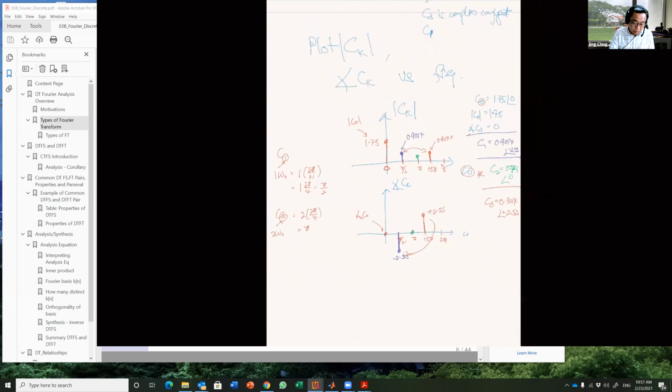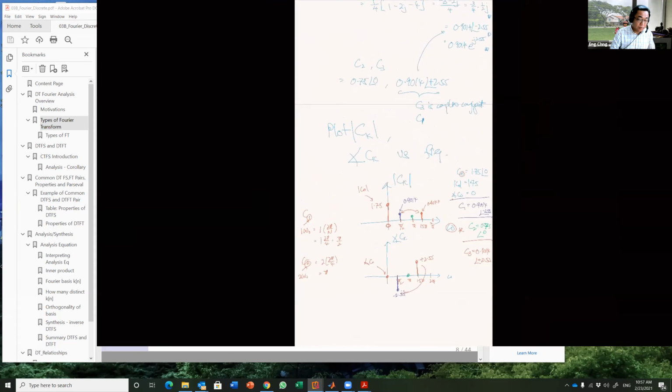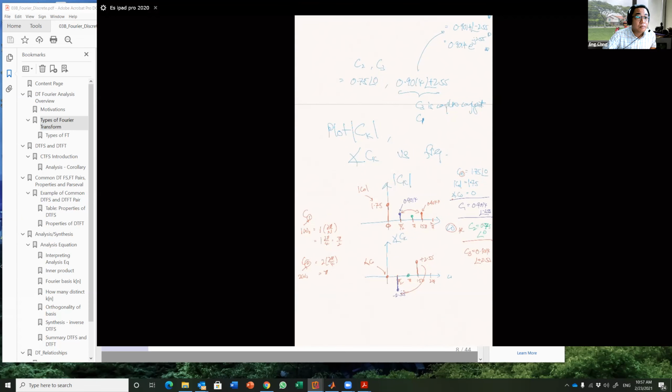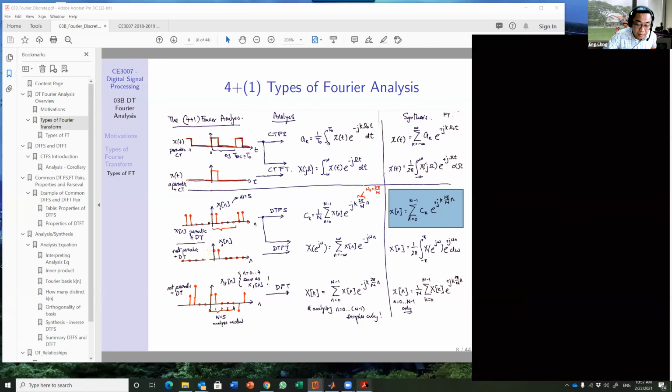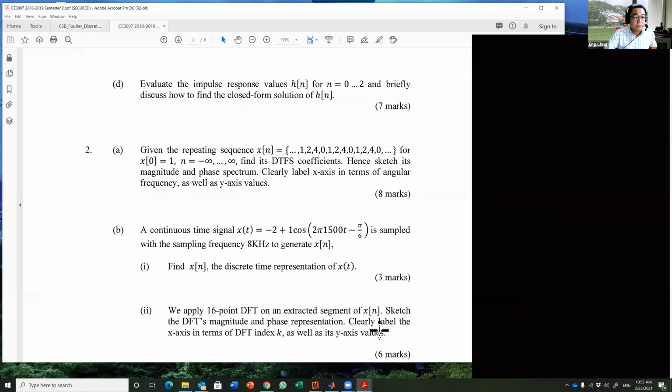All right, for this question. So let's review the question again and see what it asks us to do. You are given the repeating sequence 1, 2, 4, 0. You are to find the CTFS coefficients, which we have done, and we are going to sketch the magnitude and the phase spectrum, which we have just done.